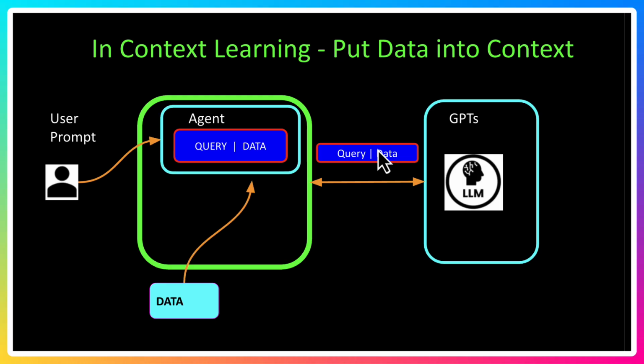But let's take another look at how the agent works. So here now, the agent is responsible for this context window and passing it to the LLM. The data is coming from outside somewhere. We might query the web, or we might have our own RAG database that contains documents that we can retrieve.